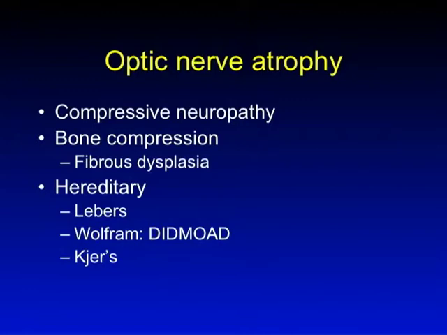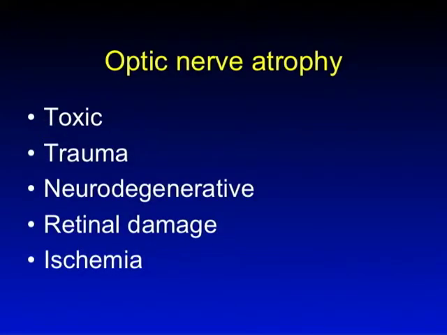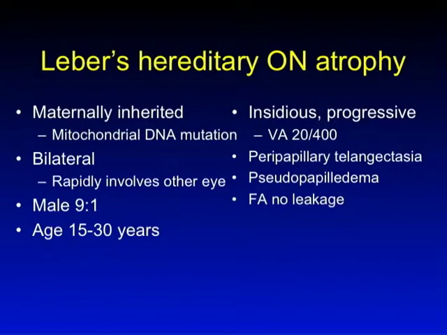Optic nerve atrophy, usually due to compression or trauma. Toxic, or hypoxia in premature babies. Leber optic atrophy, the most important thing about this kind of atrophy is that it's rapidly progressive and bilateral.